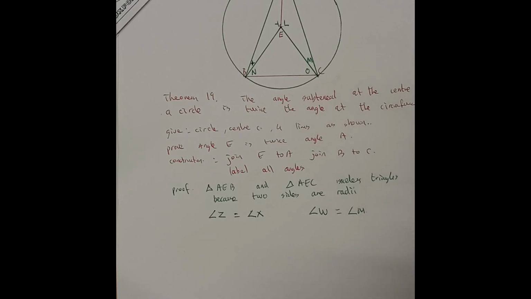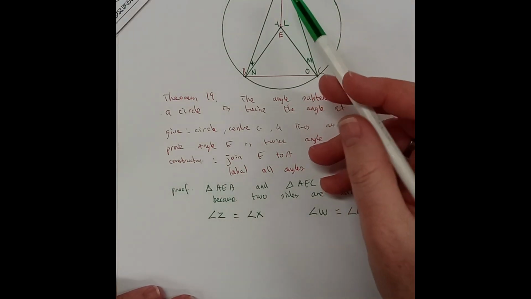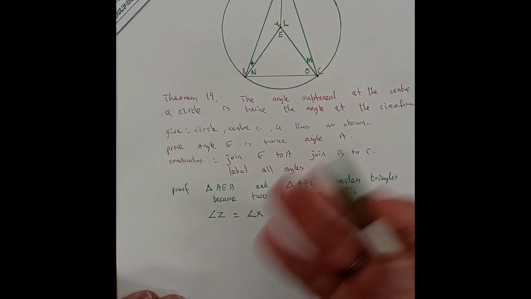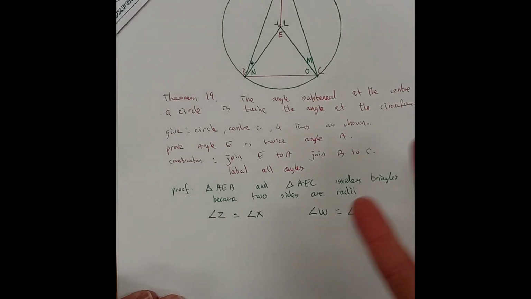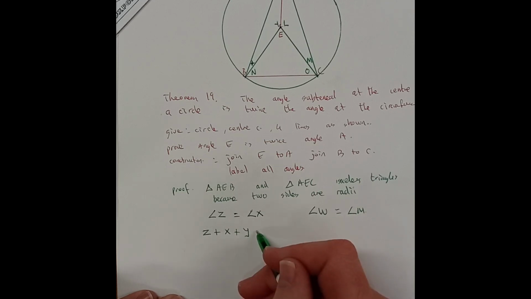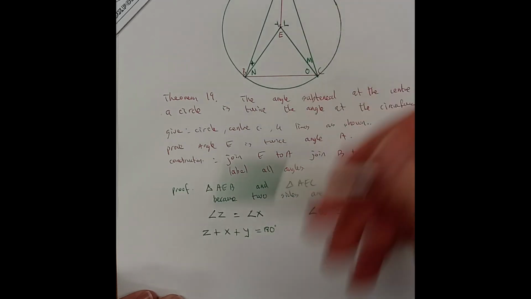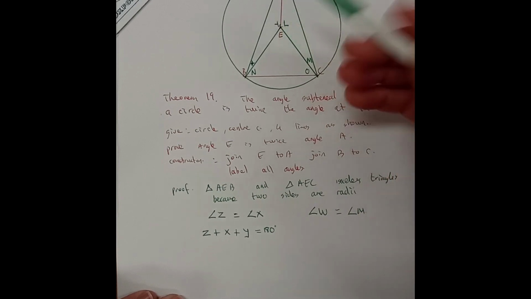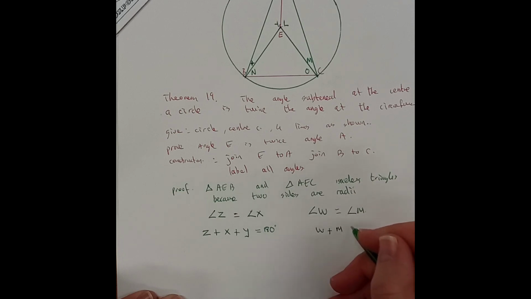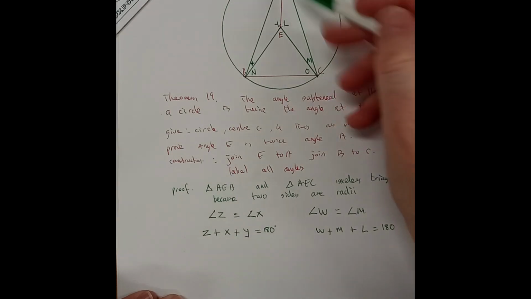And you're thinking to yourself, well, so what? Well, that really does help us. So let's put some magic into this. It would be right in saying, and I'm just going to stop using the angle symbol here, but you can use it, that Z plus X plus Y is equal to 180 degrees. Three angles in a triangle, 180 degrees. And it'd also be true to say that W plus M plus L is equal to 180 degrees.